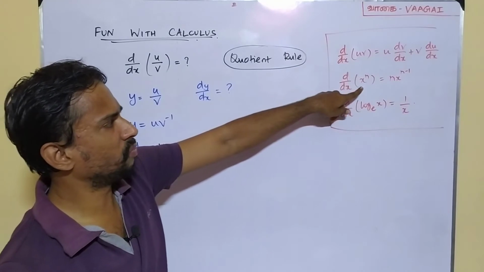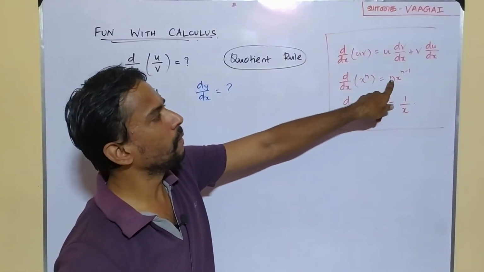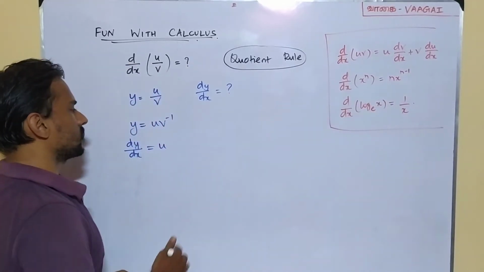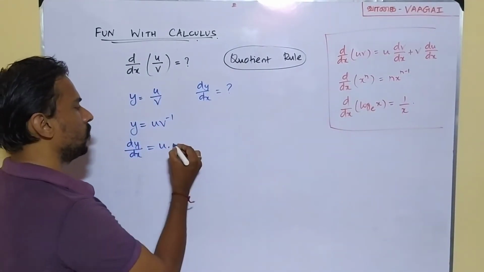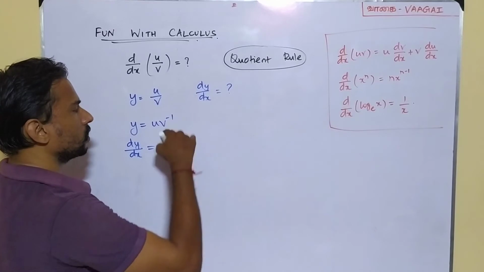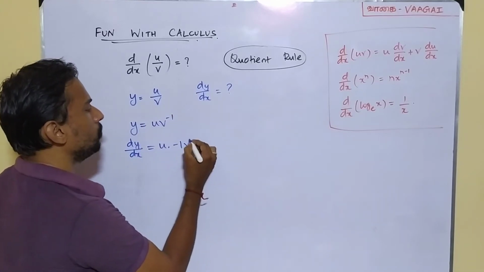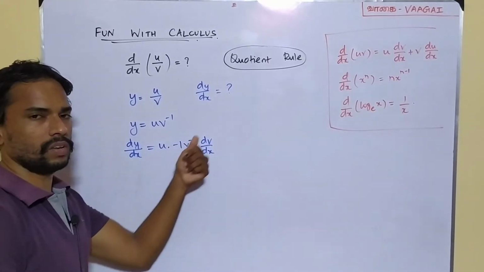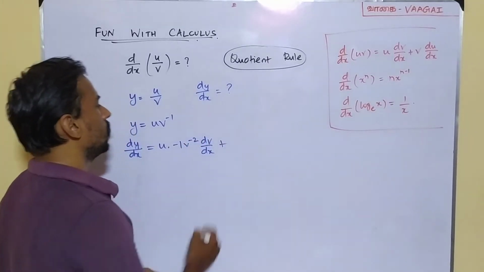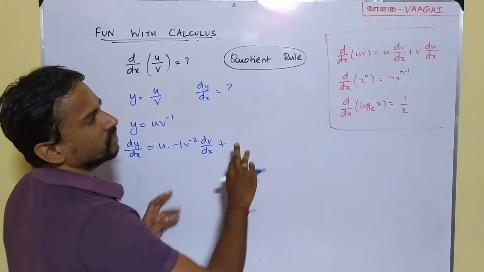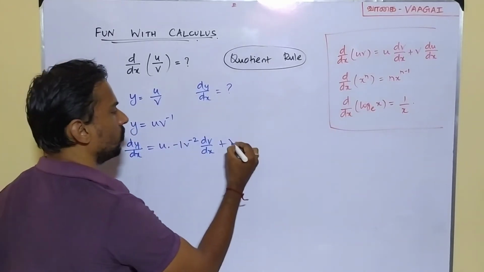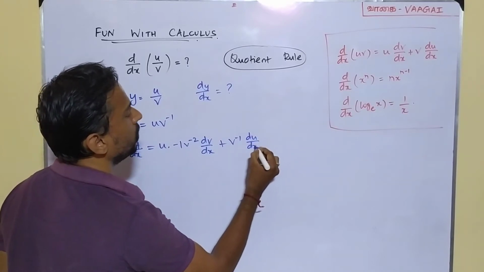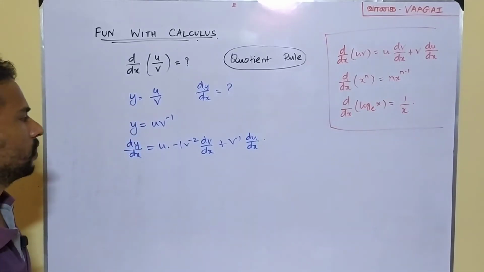So d by dx of x power n will be equal to n x to the power n minus 1, right? So in that case I will be having u times minus 1, bringing this minus 1 to the front, v power minus 2, and now I have to differentiate my function v, so dv by dx, plus, and continue. We have the second part now, this is v inverse, and now I have to differentiate u, I mean du by dx. So this is what I will be having here.